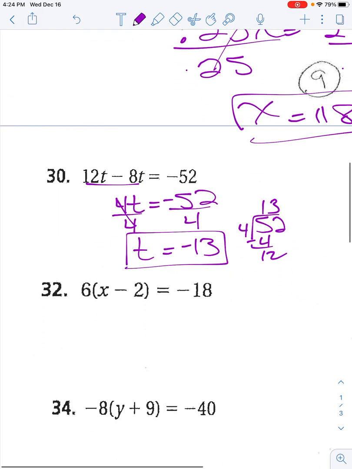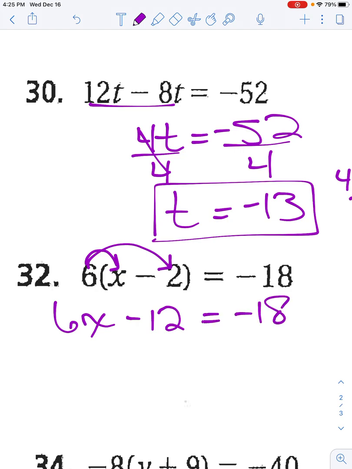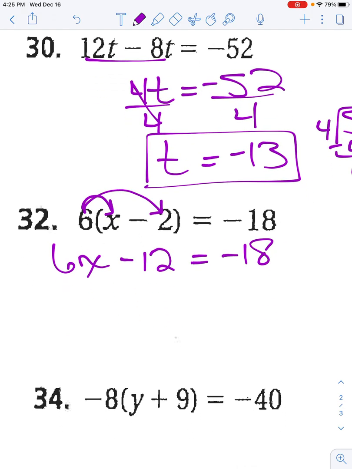It's a negative. Okay, look at 32. What have we learned about this type of problem? We can distribute. 6 times x is 6x. 6 times a negative 2 is a negative 12 equals negative 18. Two-step equation.